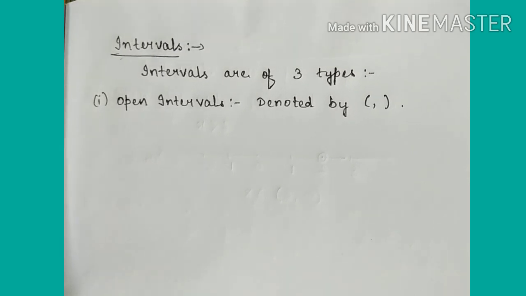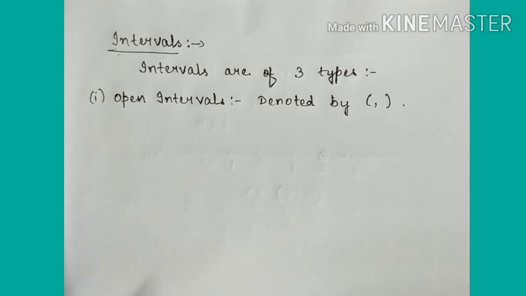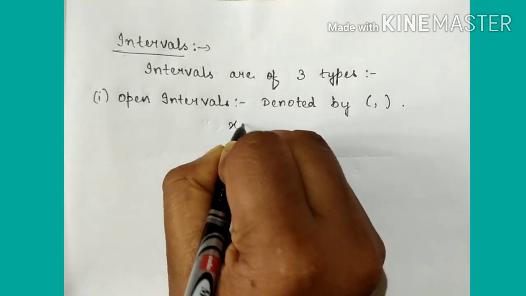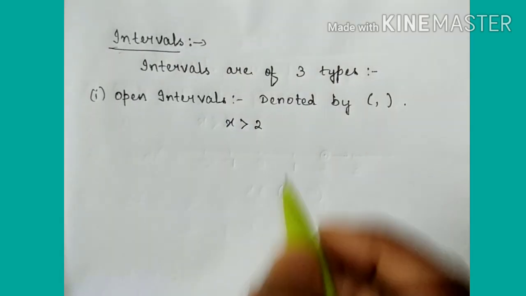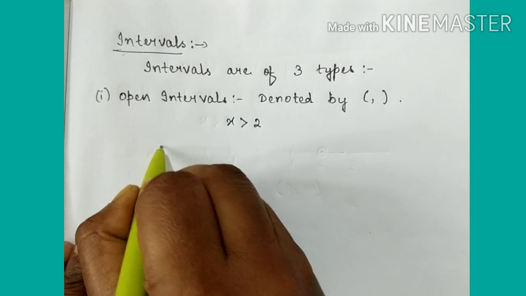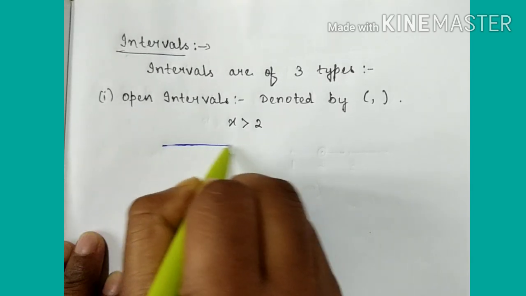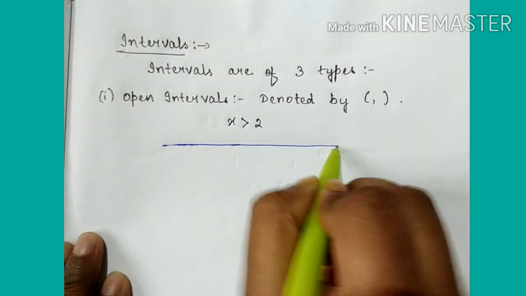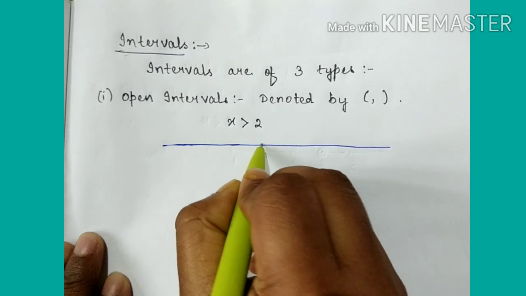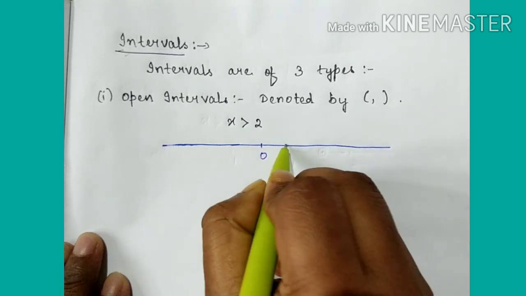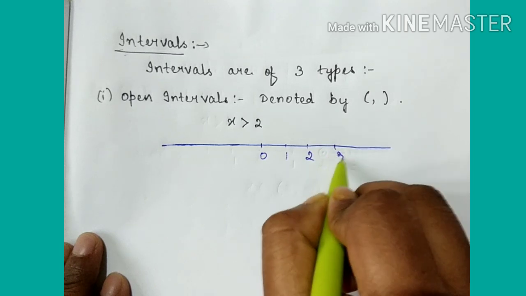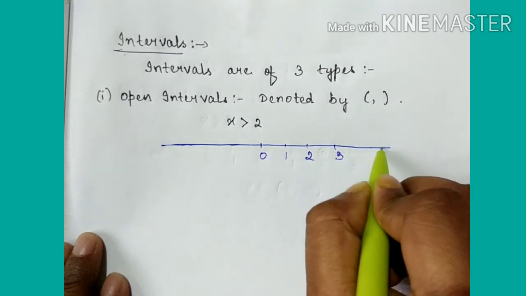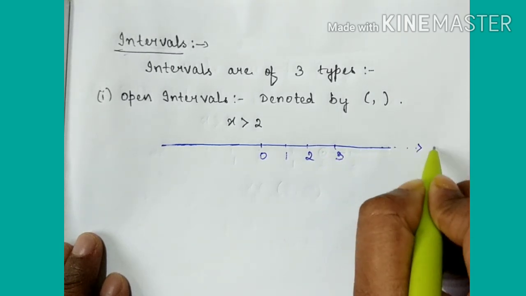Suppose we are given to plot x greater than 2 on the number line. We draw the number line in this way. Suppose this is 0, this is 1, this is 2, this is 3 and so on up to infinity.